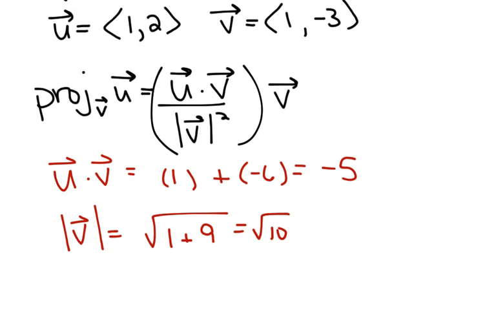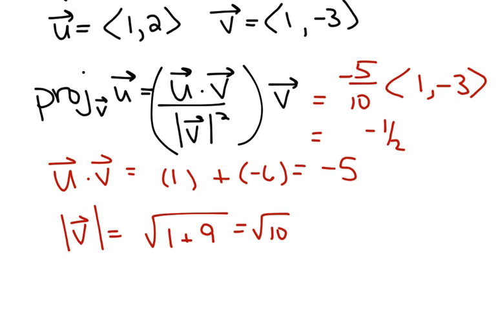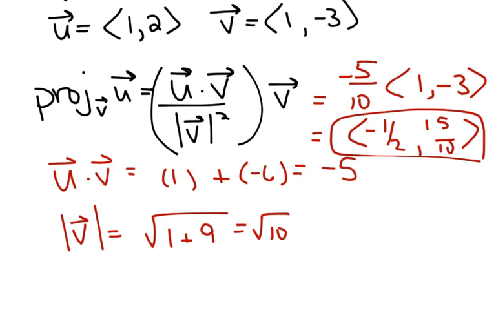But we're going to square that when we plug it into the formula, so when you square a square root, they cancel. So you're left with negative 5 over 10, which is negative 1/2, times vector v. So we're going to find out that the answer is negative 1/2, comma, positive 15 over 10. That's the projection of u on v.